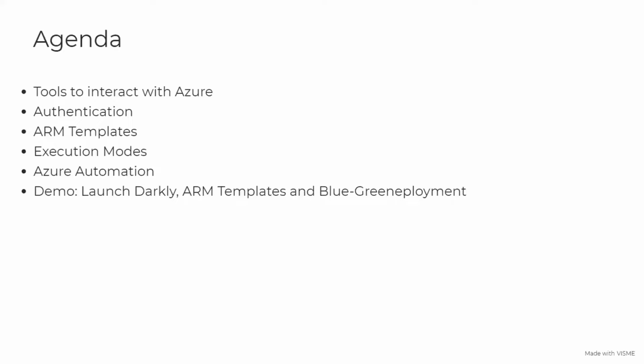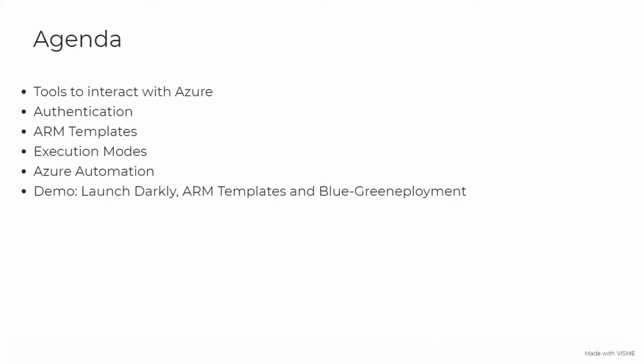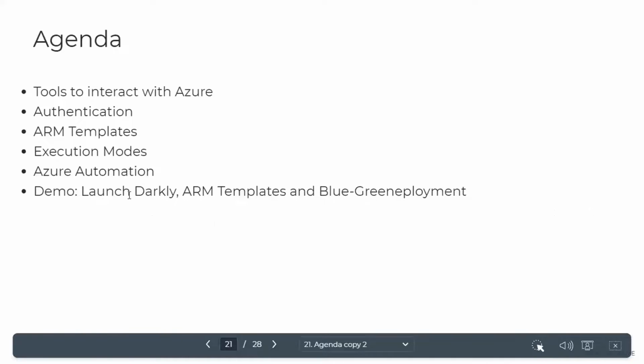That was the pending one. We will see that in the demo session, LaunchDarkly and blue-green deployment, along with the ARM templates, because in the same template project we have the ARM templates also. Otherwise, this itself would take the full day, so we cannot cover it. That is fine. At the end of the session, we can see the blue-green deployment and then the LaunchDarkly tool overview.